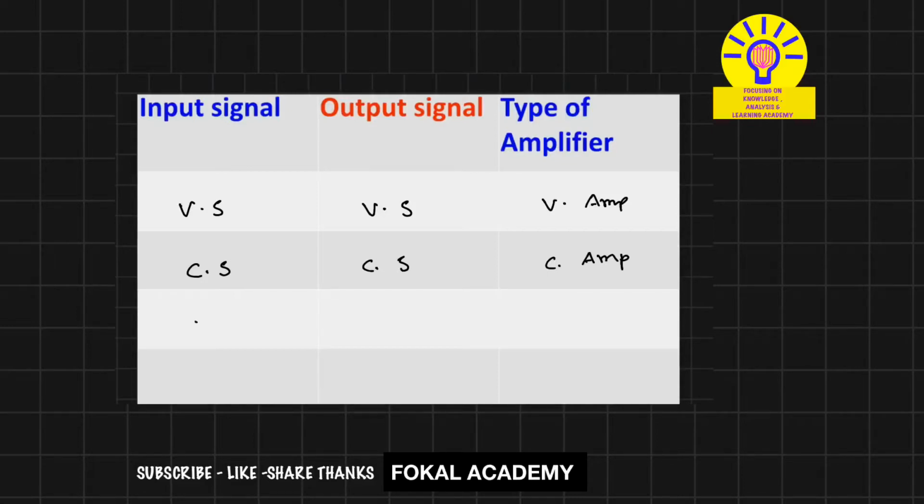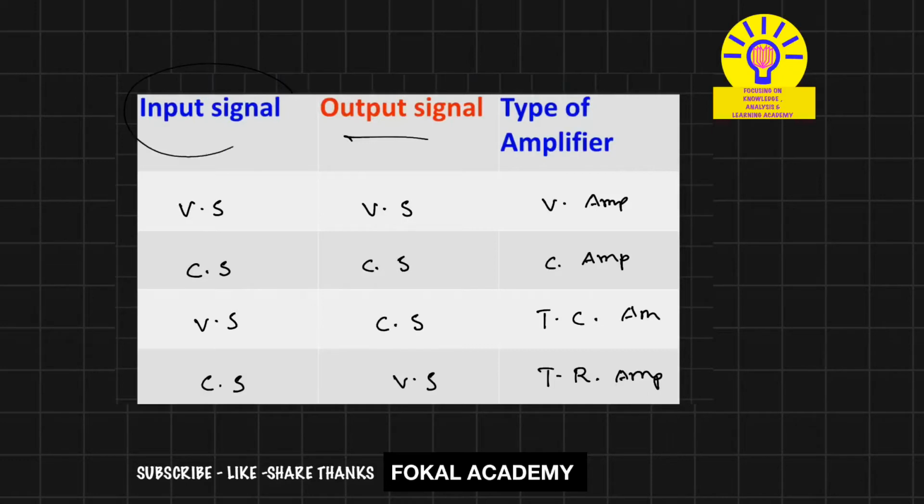If the input signal is voltage but the output signal is current, then that type is called a transconductance amplifier. If the input is current and the output is voltage, it is called a transresistance amplifier. These are the four types of amplifiers classified based upon the input and output signals.